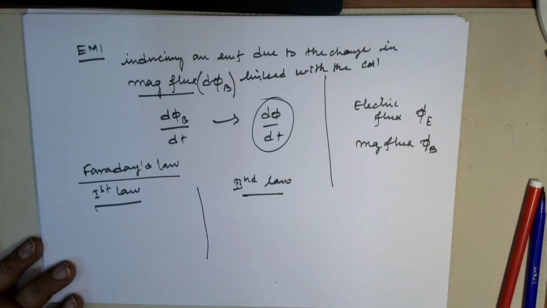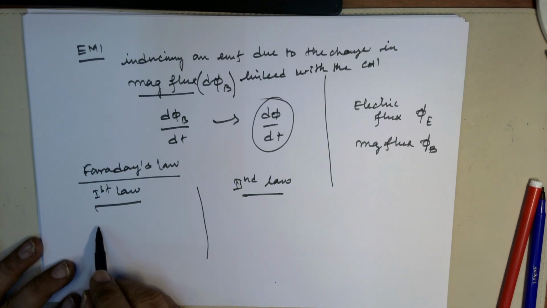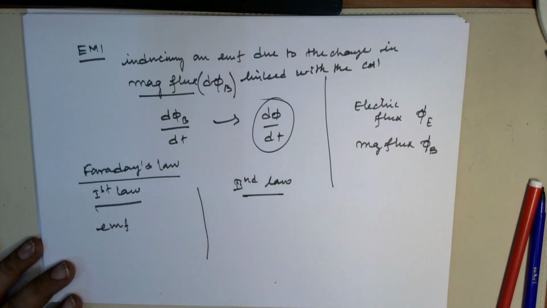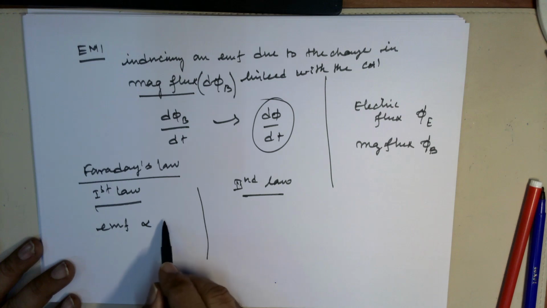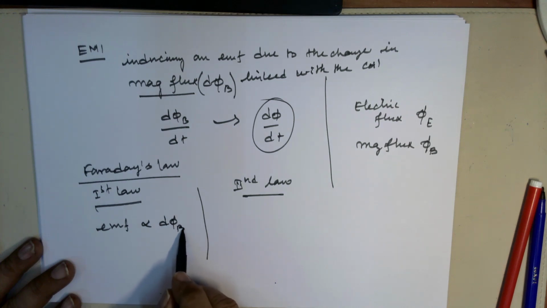So this is the first law. Initially we say there is an EMF, and that is because of the change of d phi B. This is the first law.